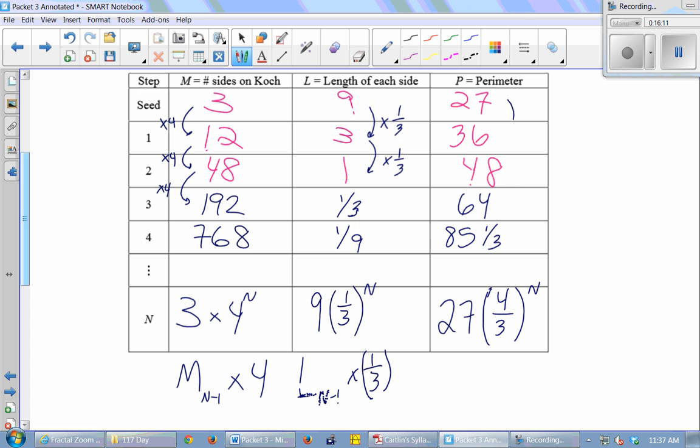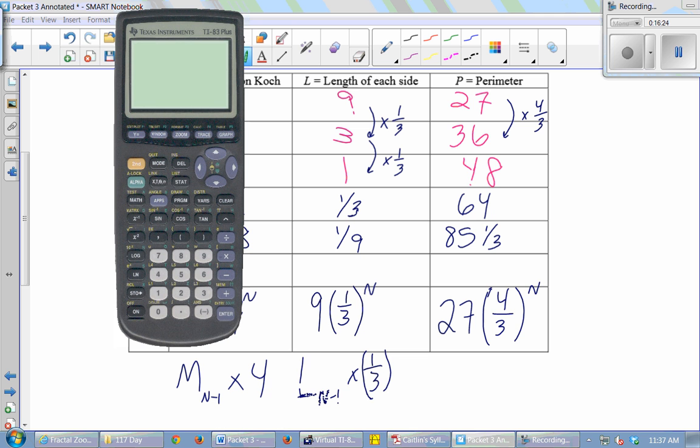Is that true? Is 27 times 4/3 equal to 36? So let me check on a calculator. I'll do it on mine just to show you all.